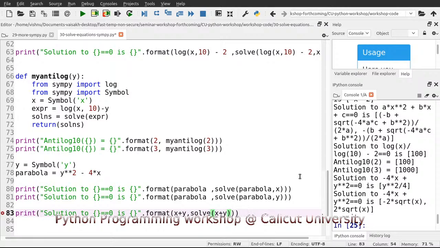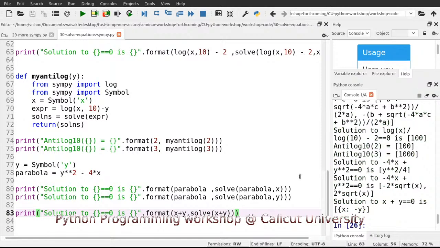Or we need not specify that properly. So the solution is x equal to minus y, it says. That's it.